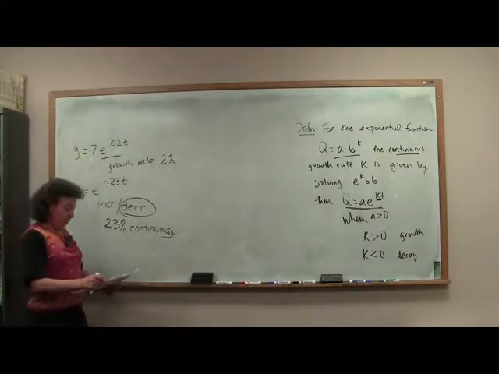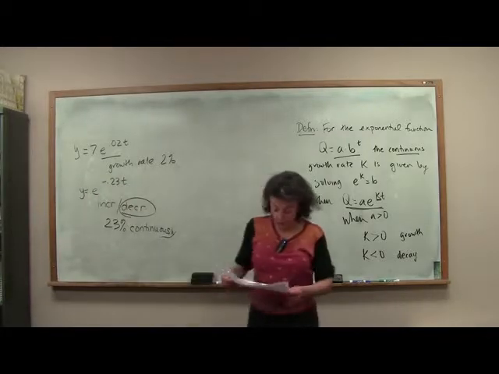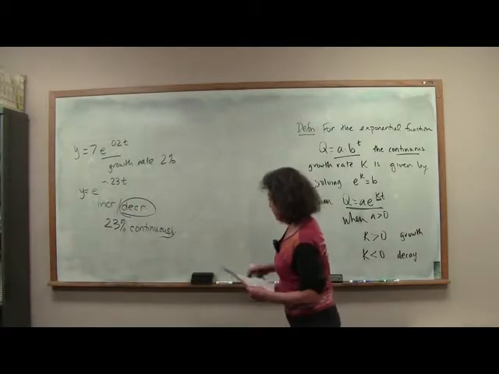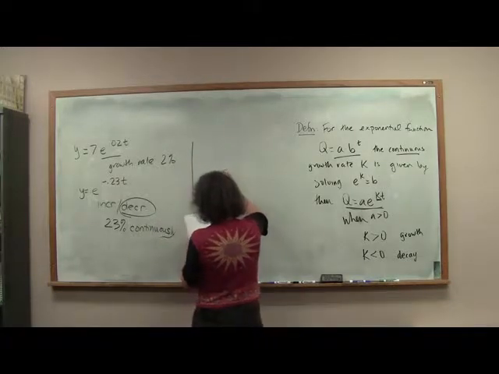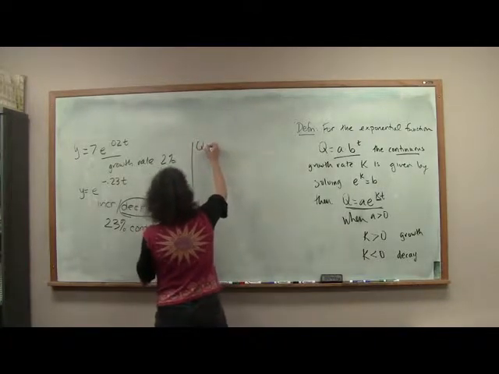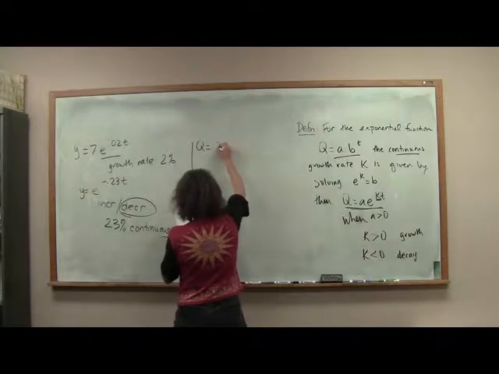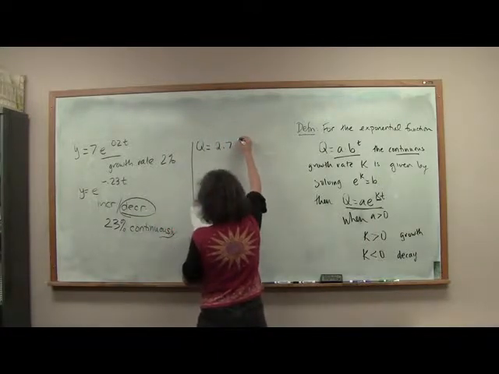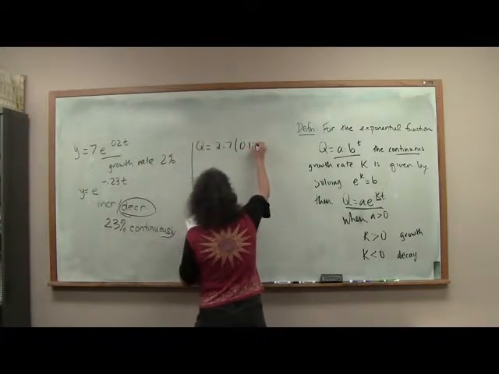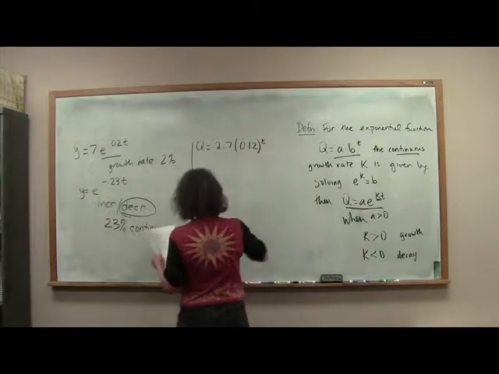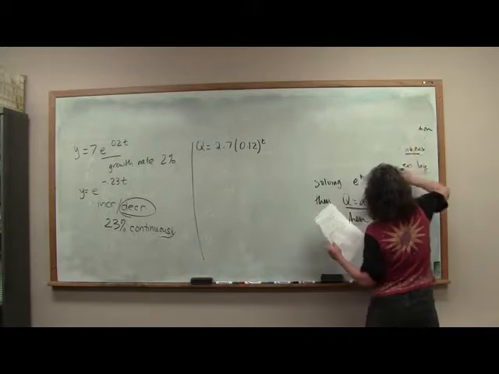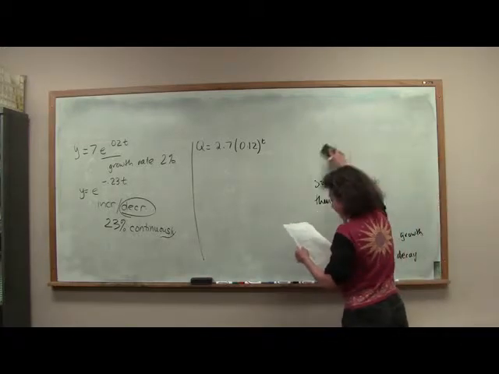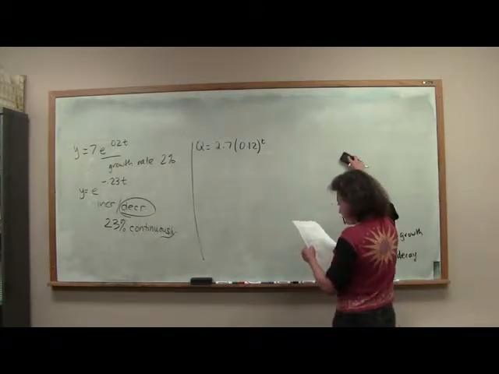Alrighty, so let me do a couple more examples here. Let me write down 2 examples. So suppose I have 2.7 times 0.12 to the t. Actually, I'll probably do more than 2 examples.